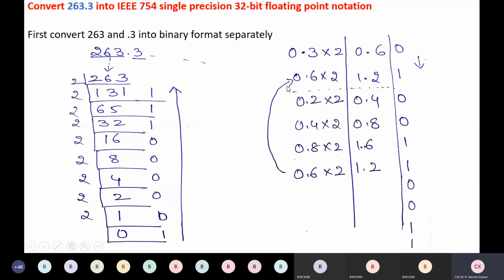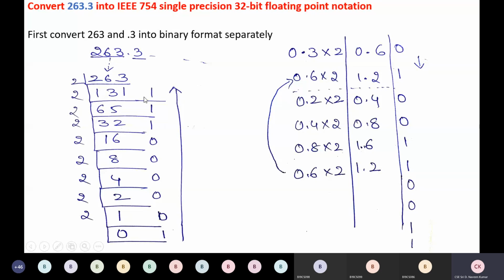These four numbers will keep repeating: 0 0 1 1 0 0 1 1 0 0 1 1. When we take these numbers from top to bottom, we get the binary format of 0.3.